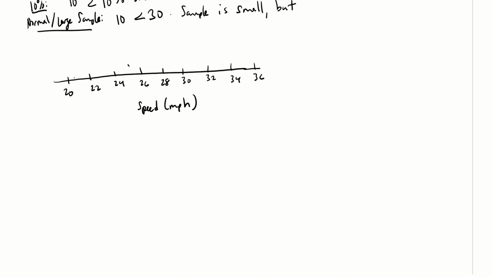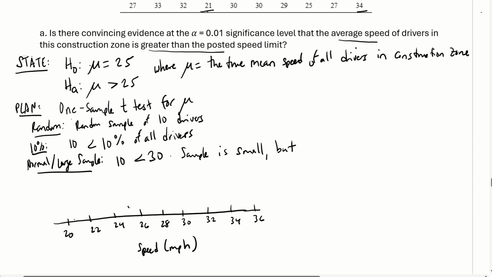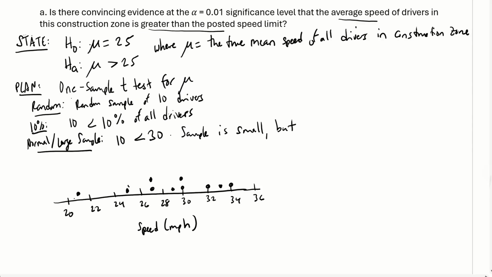So looking at our data, we're going to quickly graph that. We have 21, 2 27s, a 29, 2 30s, 32, 33, and 34.